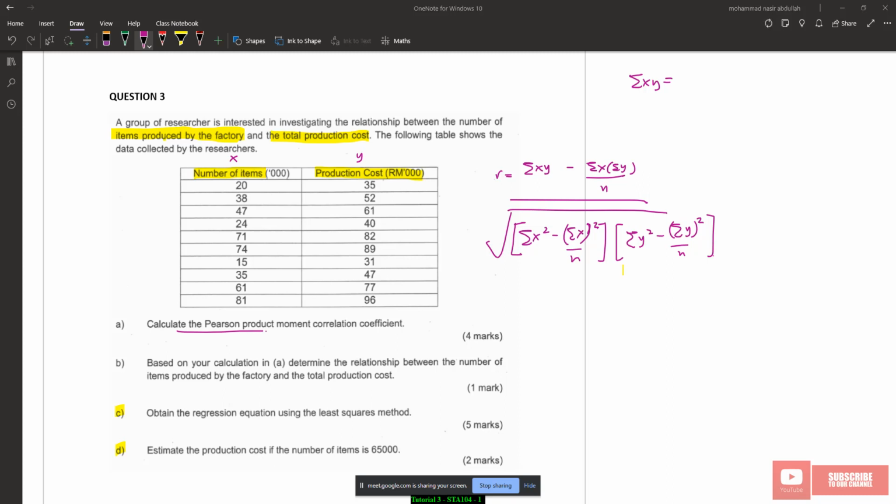33494. Alright. And then what is the value of summation of x? You put it on top, it looks easier. Summation of x will be 466. Summation of y will be 610. And then what else do we need, summation of x square.